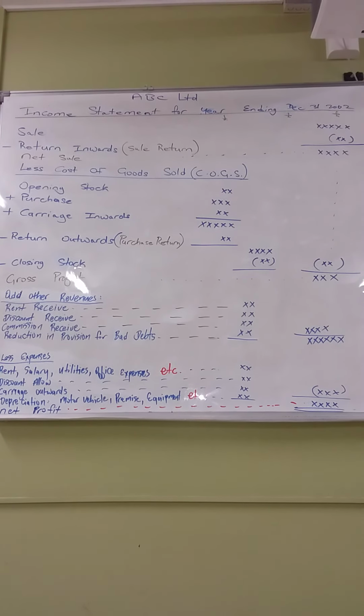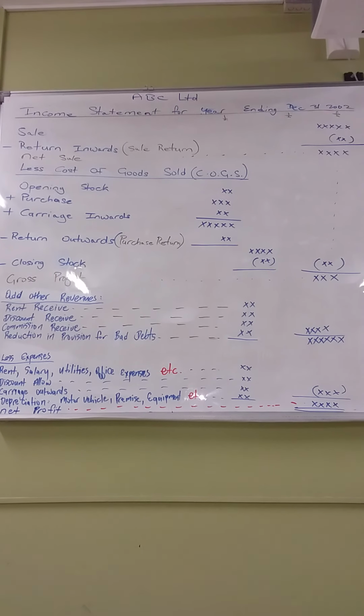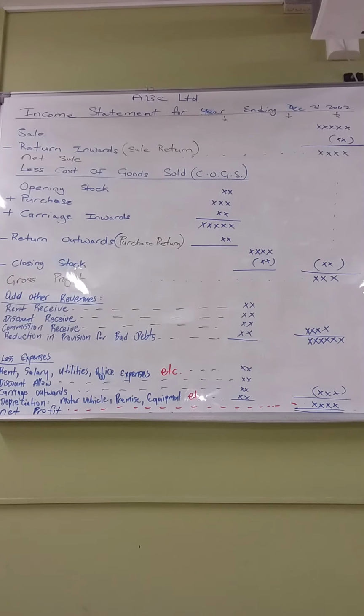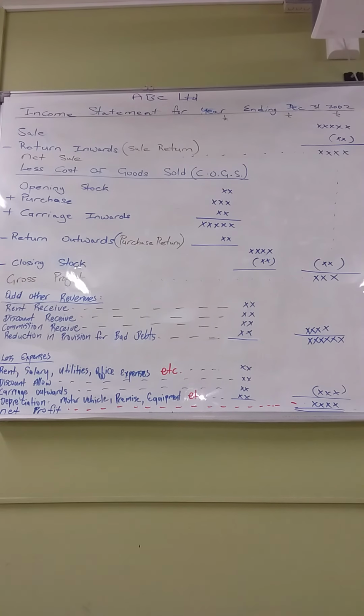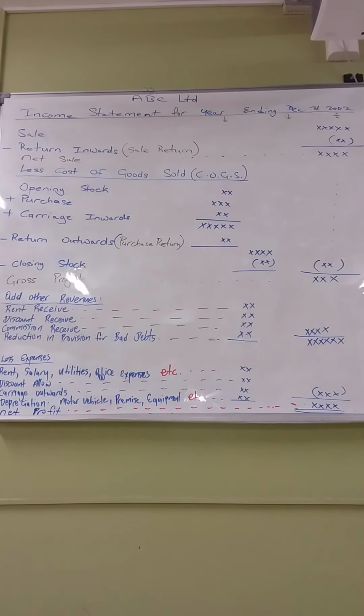That means any goods that the customer would have returned to you. Take for example, you sold to customers goods for 500,000. If they return $50,000 worth of the goods, you'd have to subtract it. So the true sales to those customers would have been 450,000.